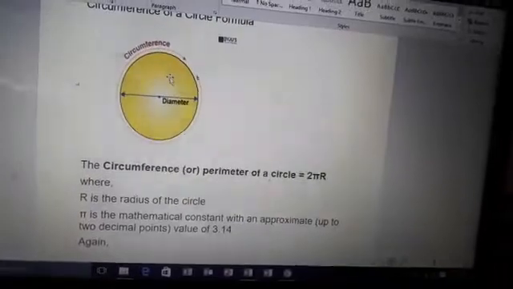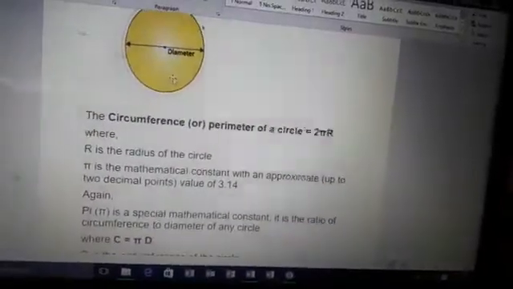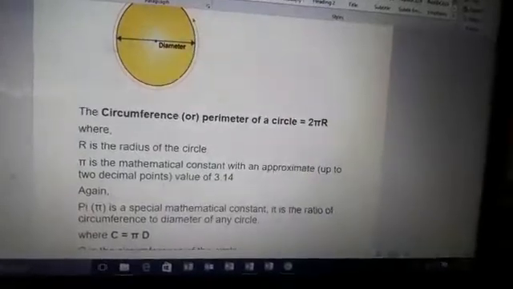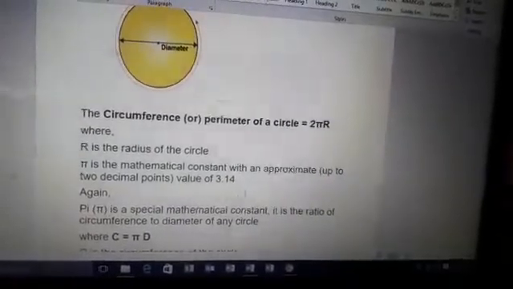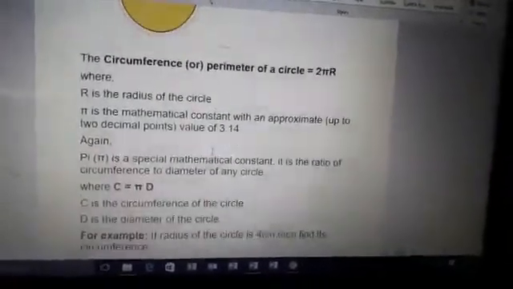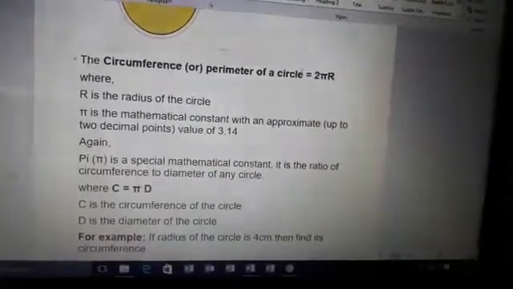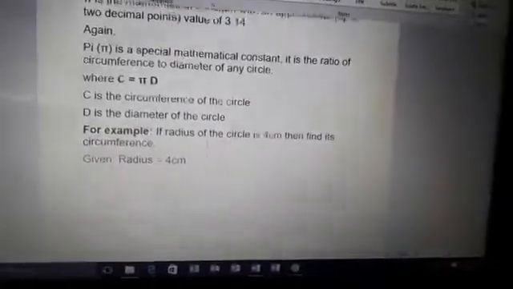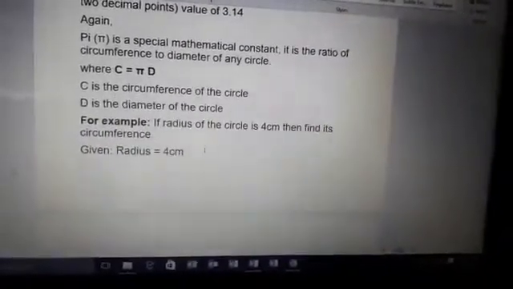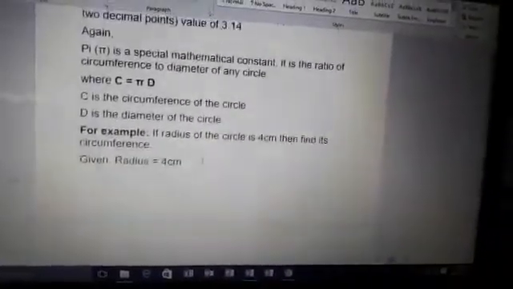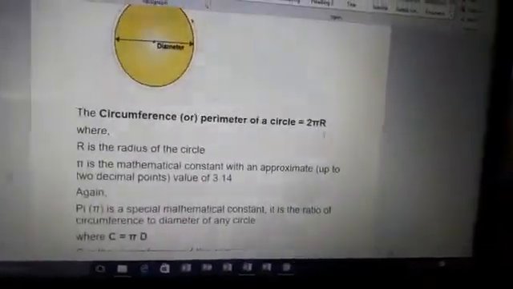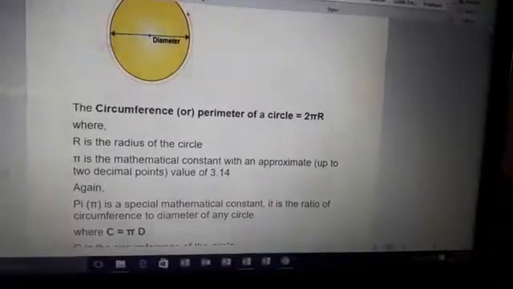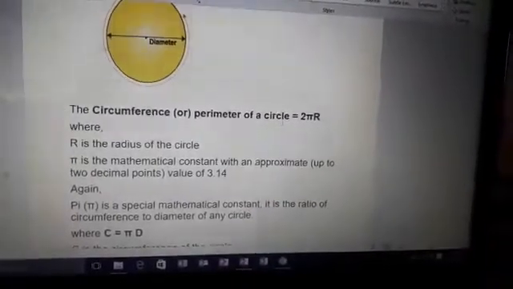For finding the circumference of a circle, we have to use the formula 2 pi r, where pi is a constant quantity. Leaving pi, you will get 2r. You know that d equals 2r from your class 4, that is, diameter equals 2 multiplied by radius. So finding the perimeter or circumference of a circle, the formula is 2 pi r.